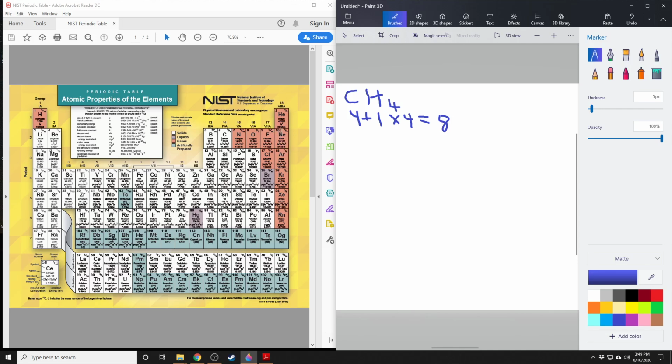All right, so we look here, carbon needs 4 things to be the same as a noble, right? Hydrogen only needs 1. There's only 1 step to go to helium. And so the thing that needs to be in the middle is going to be carbon, because it needs 4 steps. And so we put carbon in the middle. All right, now the next thing we're going to do is we're going to bond.